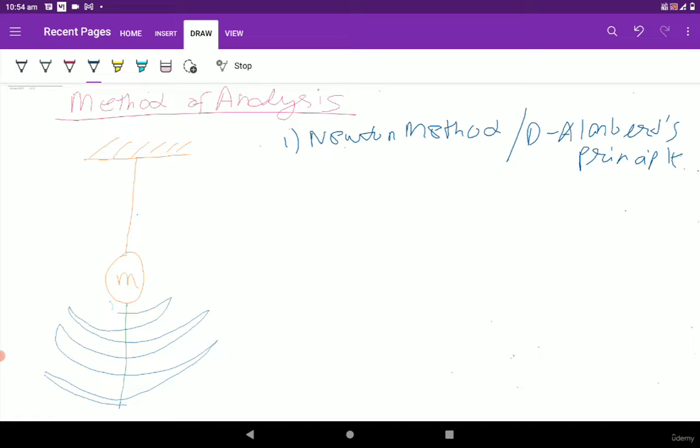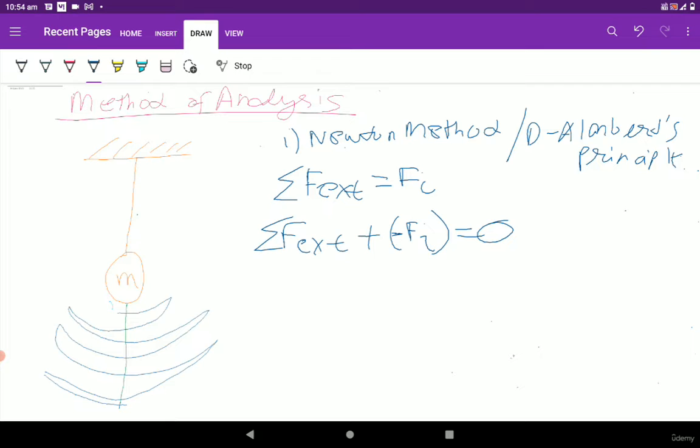Here it means that the external force applied is equal to the inertial force, Fi. So the summation of F external minus F of I is equal to 0. This is the Newton method or D'Alembert's principle.